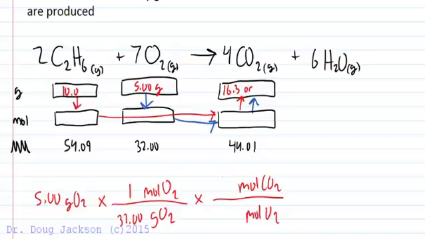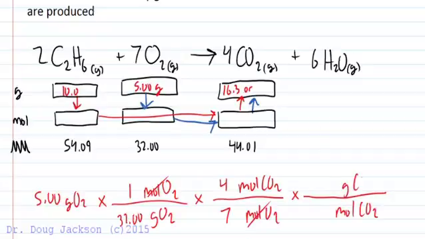And 4 moles of CO2 and 7 moles of O2 from the balanced equation gives us the mole ratio. And again, we've canceled those units. Now we want to get rid of moles of CO2 and get grams of CO2. And that's the molar mass.